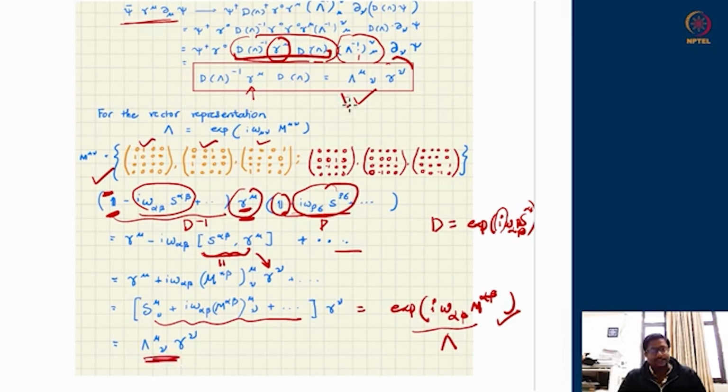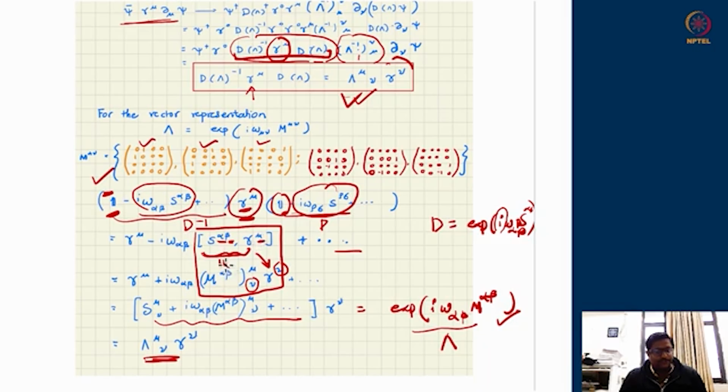So this result is indeed true, subject to the condition that I can prove that the commutator between S and gamma becomes multiplication between M and gamma. So nu gets summed over. You see nu is getting repeated. No other index is repeated in one complete term. So S alpha beta, 2 indices from here and 1 index from here appear in the following way.